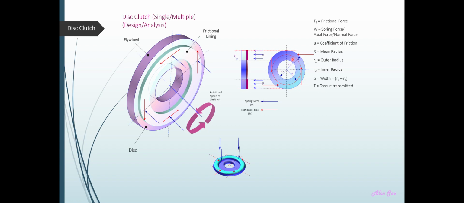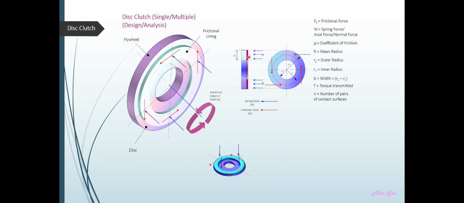T would be the torque that is produced by the tangential force, which is also the frictional force, multiplied by the mean radius. N is the number of pairs of contact surfaces. When you refer to this plate clutch here, I have drawn this side here with one surface with frictional lining material. Actually, for a single disc clutch, you will have both sides, one side here and the other side here.